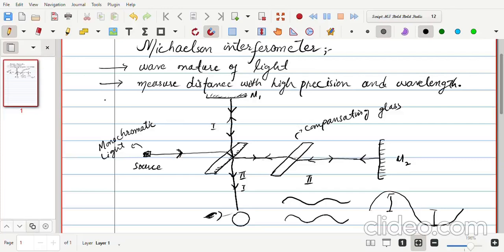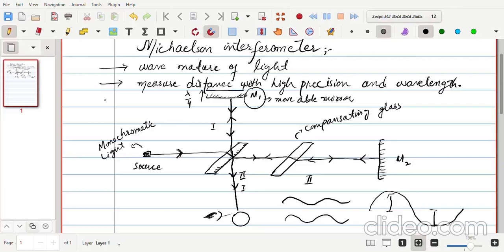This is the bright fringe we have got. Now if I shift the M1 mirror, which is also called the movable mirror, upward by a distance of lambda by 4, what happens?